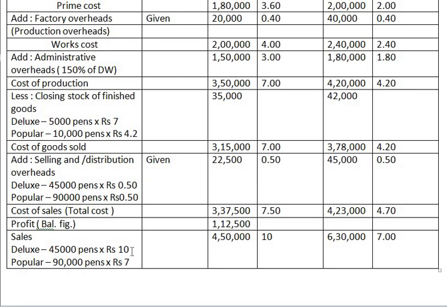And here it is 2.50. 6,30,000 minus 4,23,000. So that will be 2,07,000. And here it is 2.30. So this is the problem.